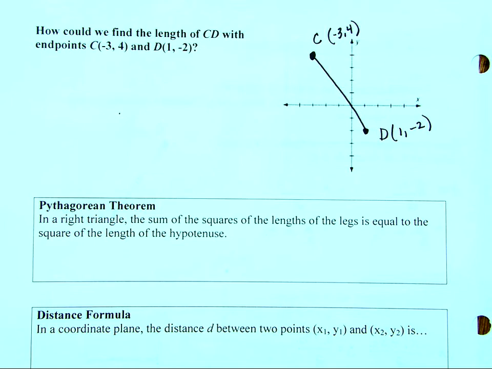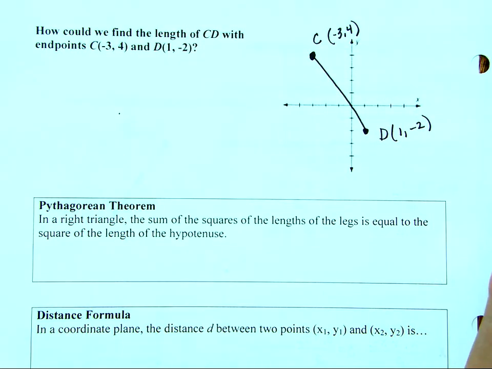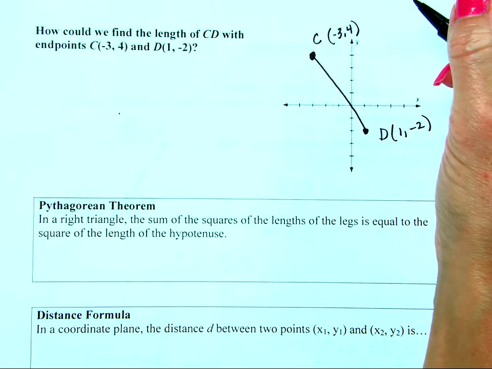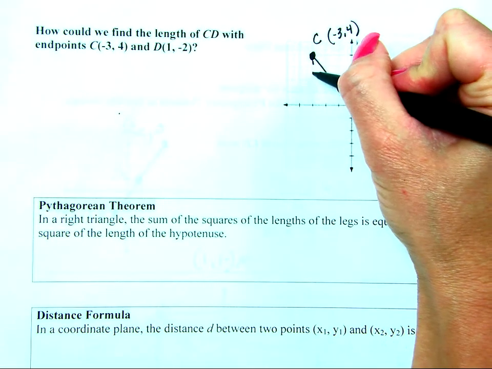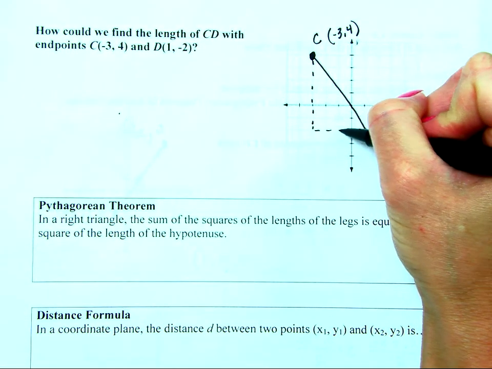We just found the midpoint to be -1, 1, but what about the length? Now, I can't simply count boxes going diagonally because those are not exactly 1 unit. But because this is graphed on the coordinate plane, we can think about forming a triangle here.